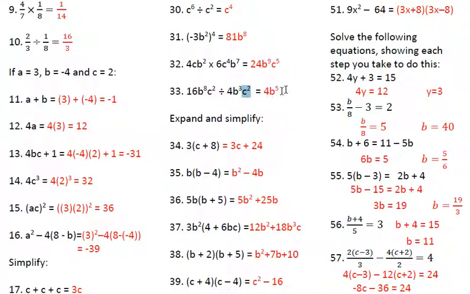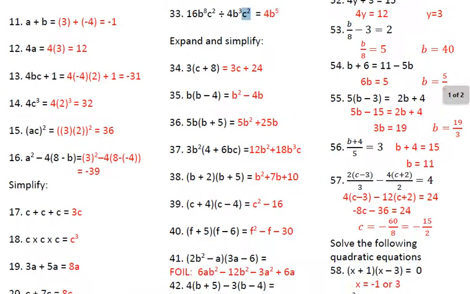It's like cancelling out on fractions. You're getting rid of a c squared from here, from there. When you're dividing or on fractions, if you've got two things the same, you can just cross them out. There's no c squared there anymore.